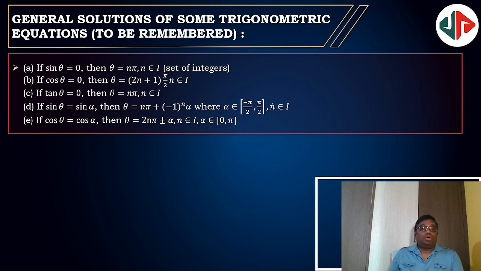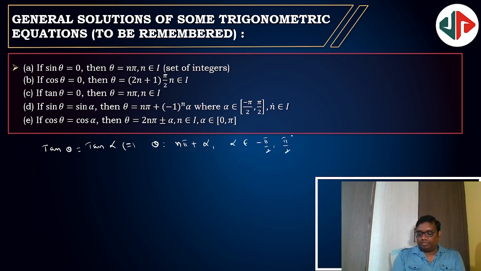Similarly, cos theta is equal to cos alpha when theta is equal to 2n pi plus or minus alpha, where alpha lies between 0 to pi and n is always an integer. Similarly, tan theta is equal to tan alpha if and only if theta is equal to n pi plus alpha, where alpha must lie in the open interval minus pi by 2 to plus pi by 2.